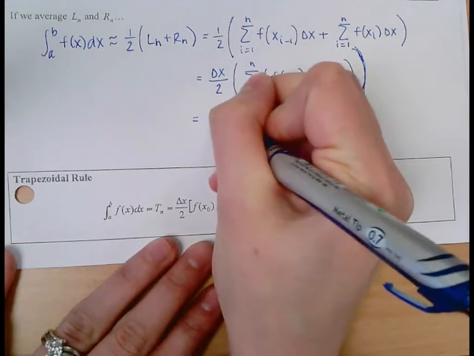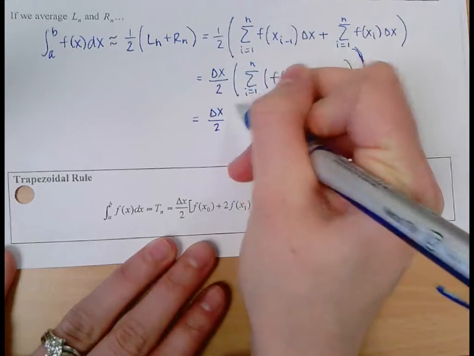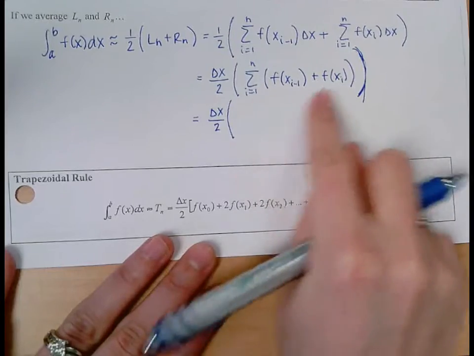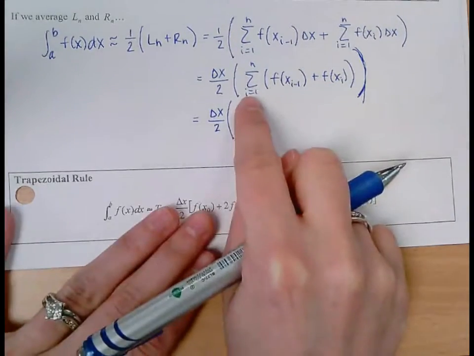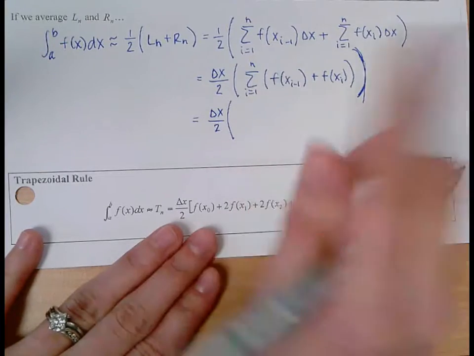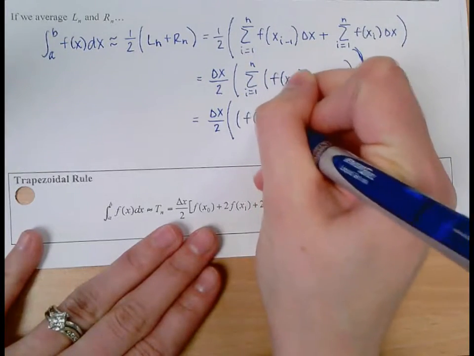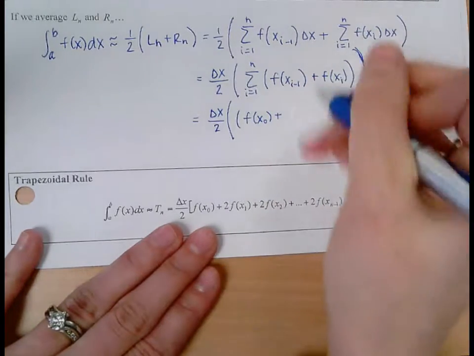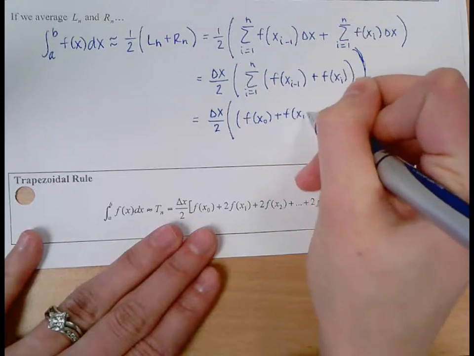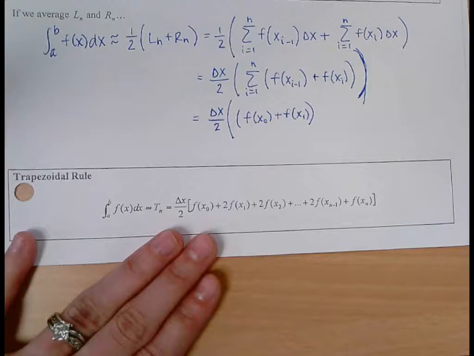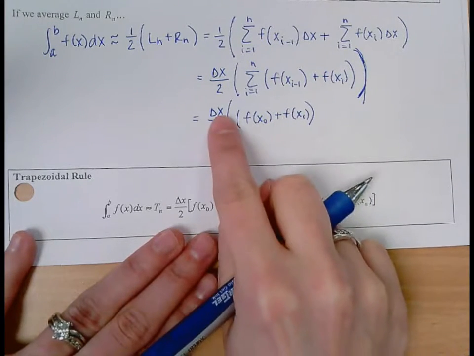So then this goes on to delta x divided by 2 of, and I'm going to rewrite a few terms of this. So if I now substituted 1 in for i, this first one would be f of x sub 0 plus the second one would be f of x sub 1. So that would be the first interval. I would add f of x sub 0 plus f of x sub 1, really divide that by 2, multiply by delta x.